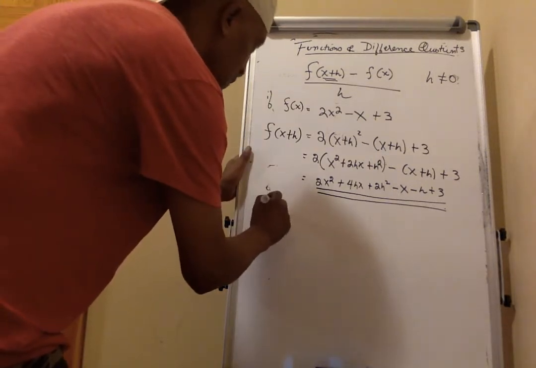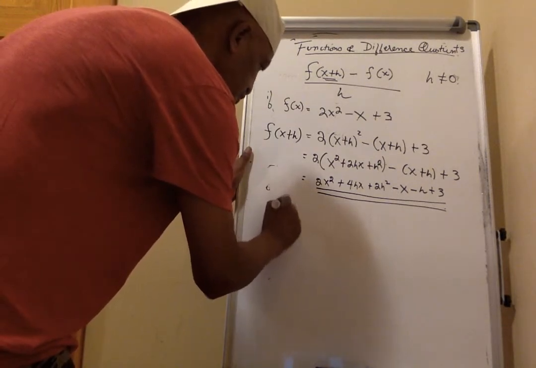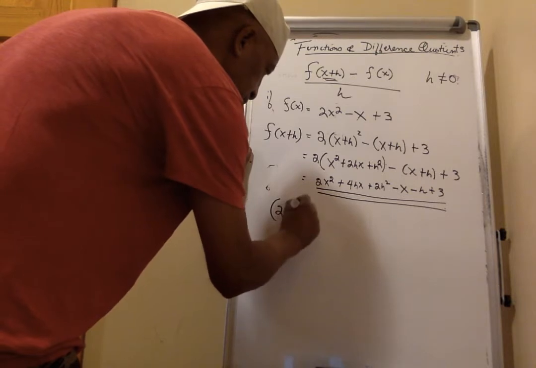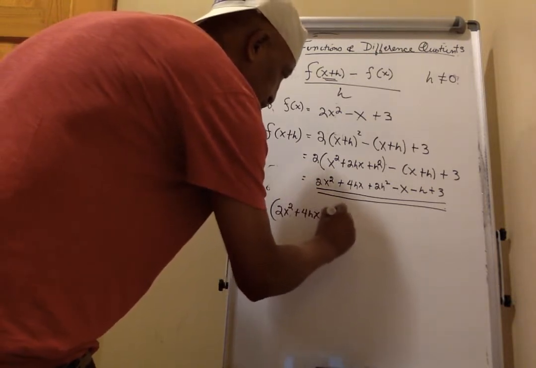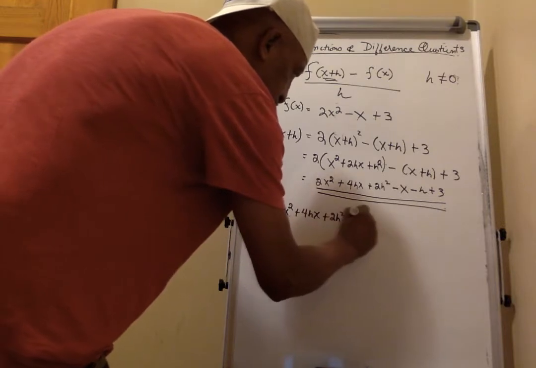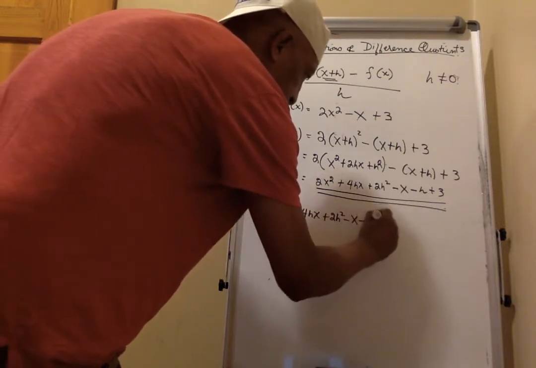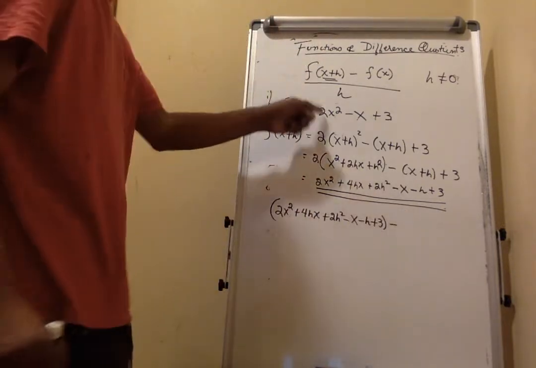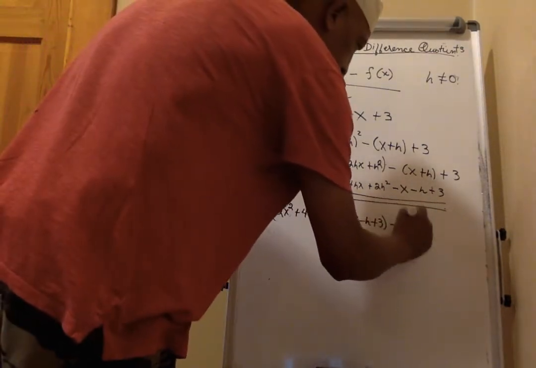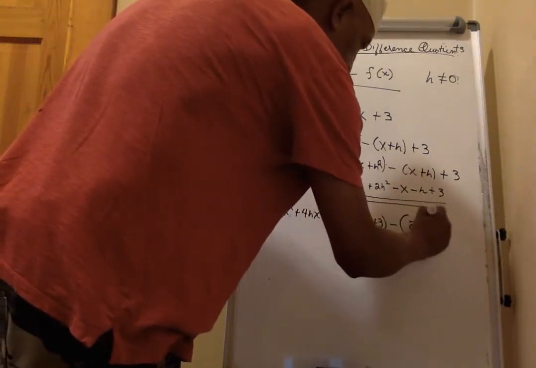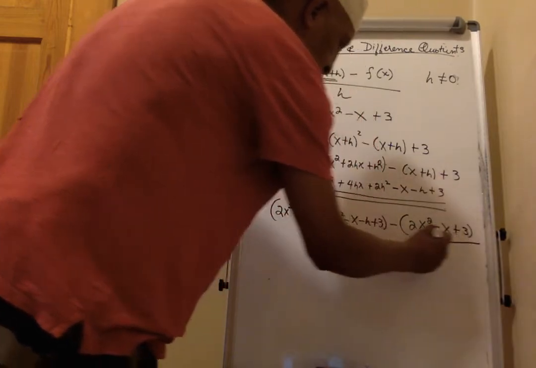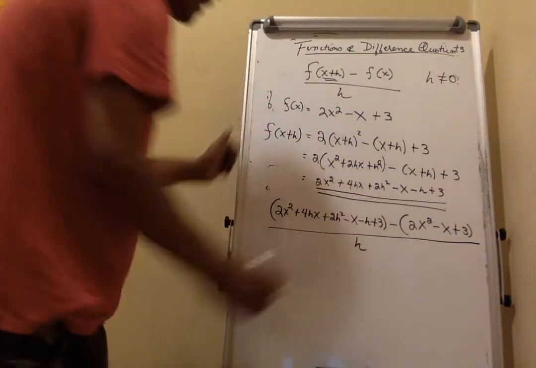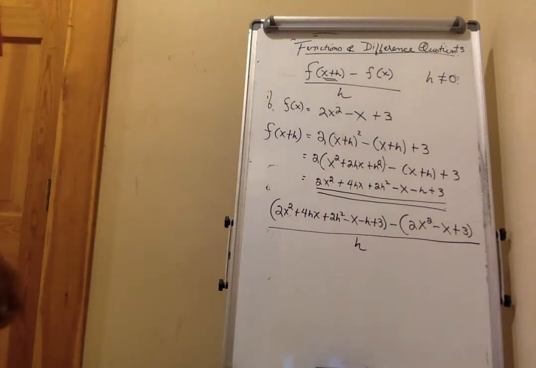So you're going to do what? Put 2x squared plus 4hx plus 2h squared minus x minus h plus 3 minus the entire thing, 2x squared minus x plus 3, over h, and h is not equal to 0.